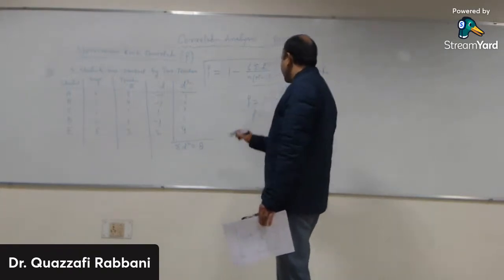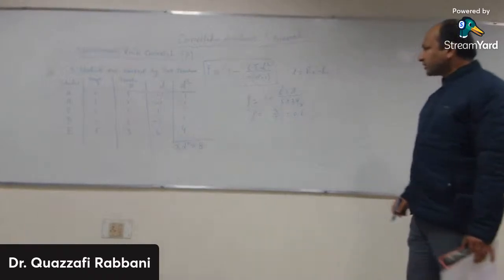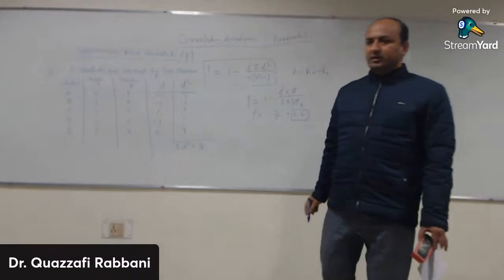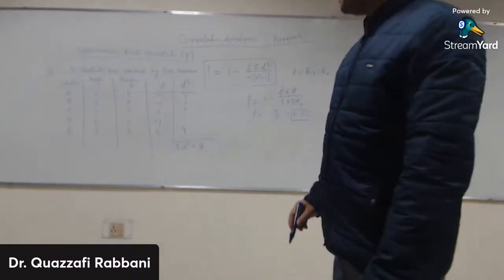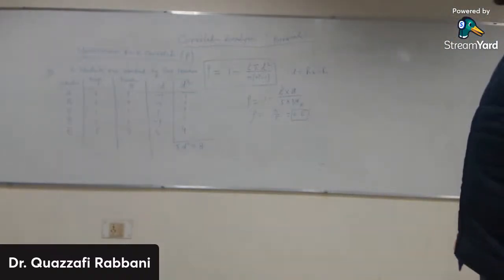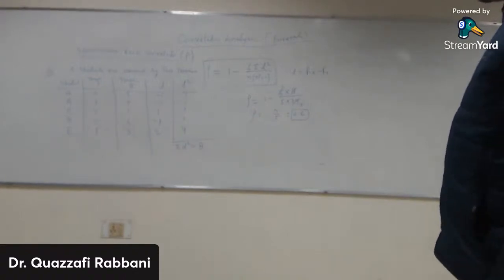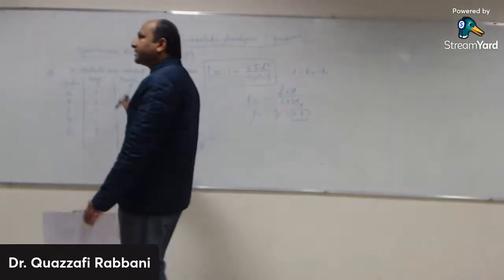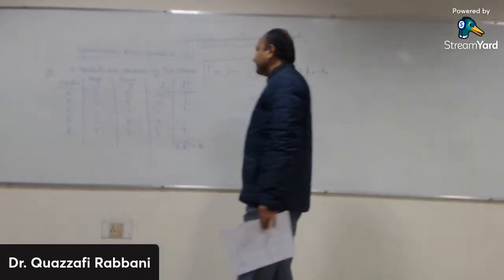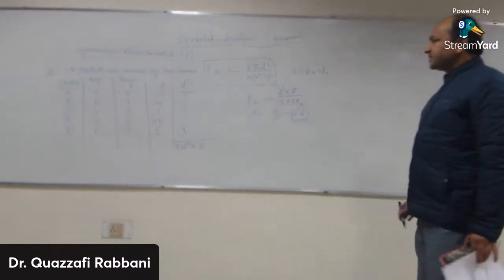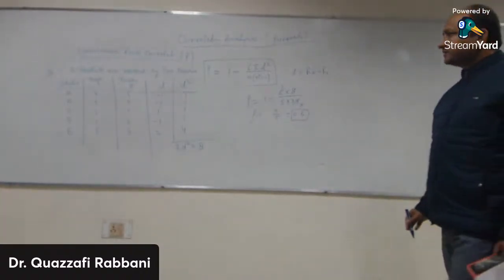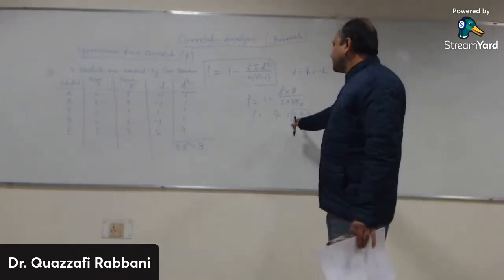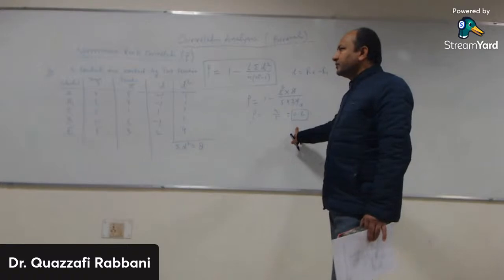So the rank correlation is 0.6. This is a positive value and a good relationship. So here you can say that the opinions of these two teachers are the same, and the methodology of ranking the students is the same because this is a positive value.